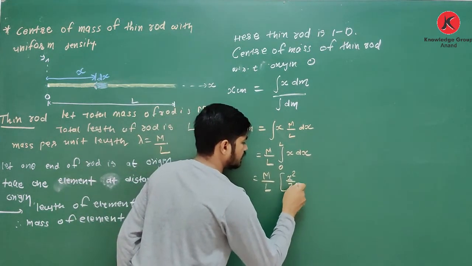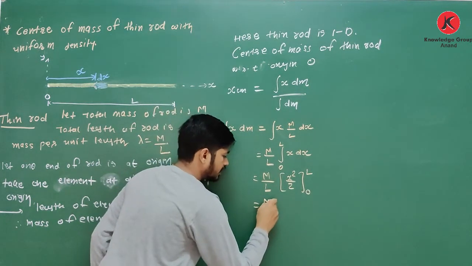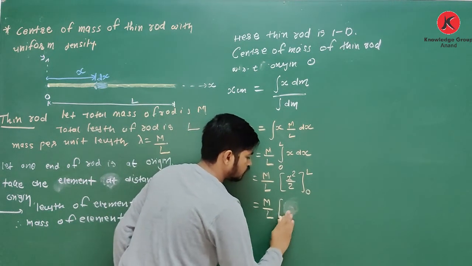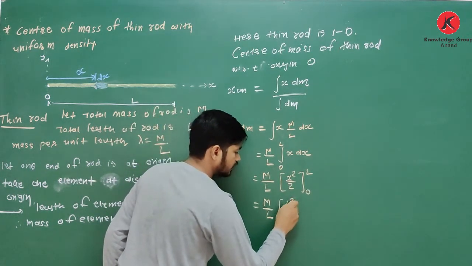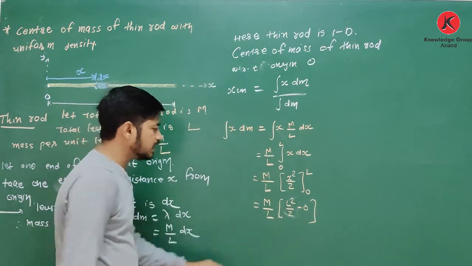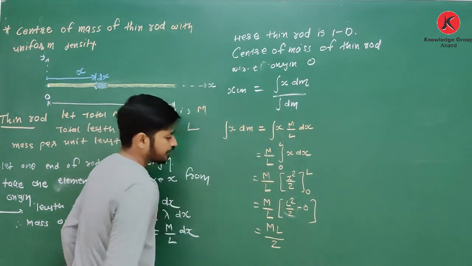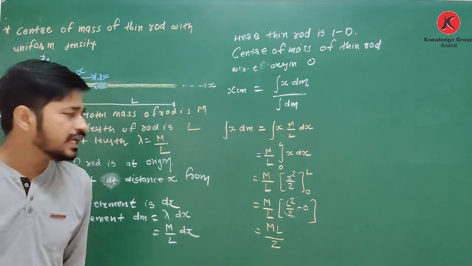It is x square by 2, limit from 0 to L. Put upper limit minus lower limit: x is replaced by L, so it is L square by 2 minus 0. L cancels, so it is equal to mL by 2. Simple? Yes or no? Yes, it is.